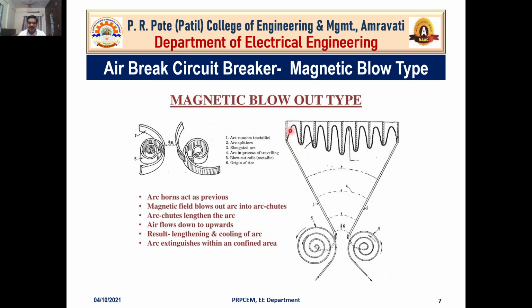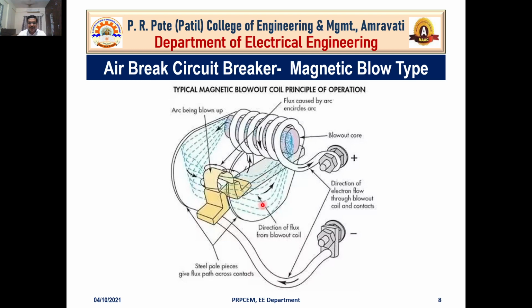So you can extinguish that arc within that confined area only. It will not allow the arc to move into other regions, because here the area of cross section of the arc further reduces, and the resistance also goes on increasing. So in this particular area only you can confine and extinguish that arc.